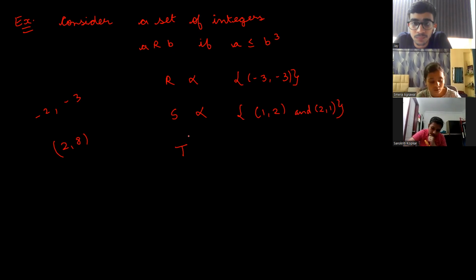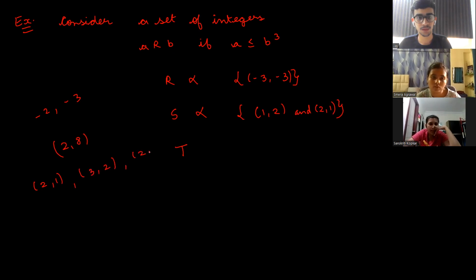Sir, (2, 1), (3, 2), and (2, 2). One second. (2, 1), (3, 2), and (2, 2). Okay. (3, 2), (2, 1). Where is (3, 1)? One test case you want.